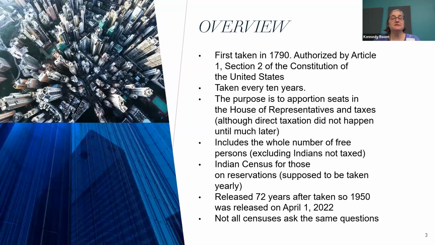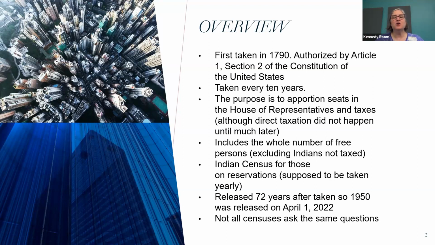So these are taken every 10 years in the 0 years. And the purpose is to apportion seats in the House of Representatives. And the article in the Constitution does allow for taxation, although direct taxation did not happen until much later.